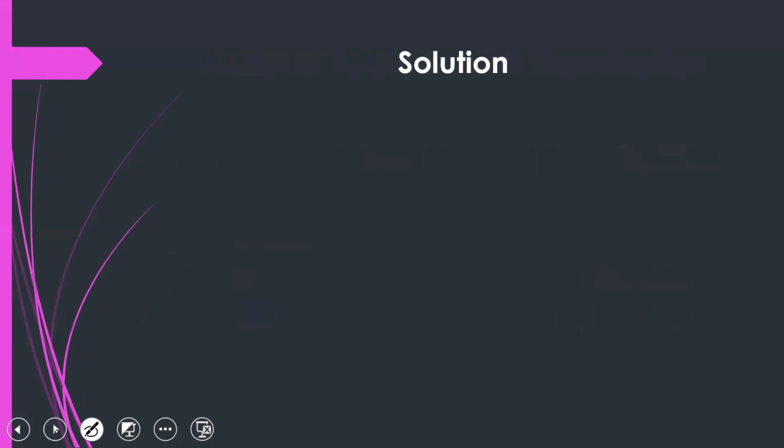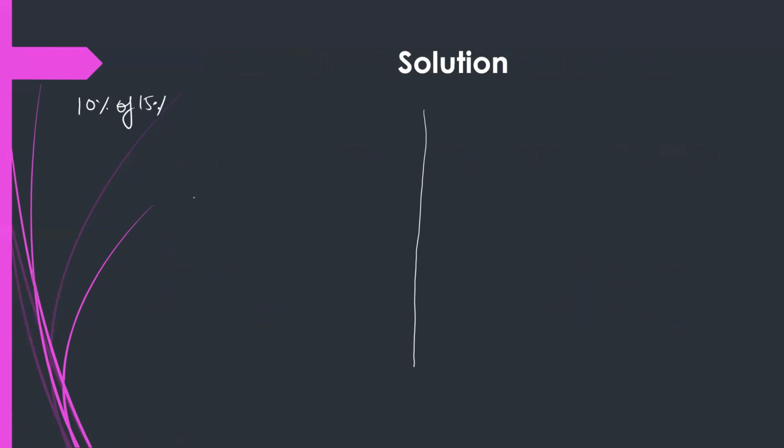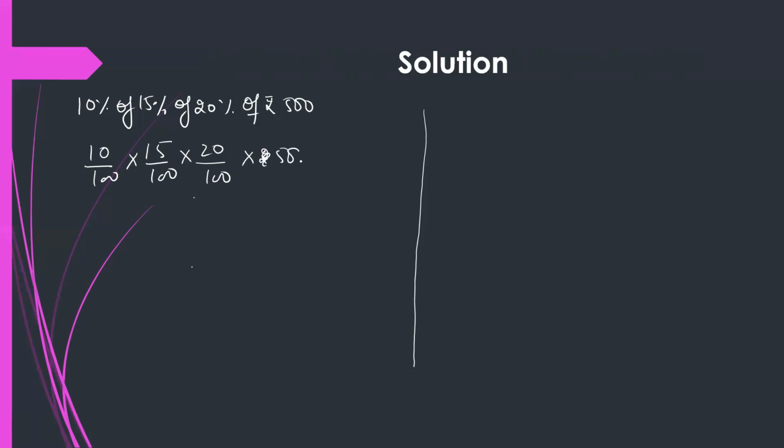Let's solve the question. Now we have two ways to solve this question. Let's solve the problem in both the ways. First, as per the question, we are given 10% of 15% of 20% of rupees 500, which can further be written as 10 over 100 multiply by 15 over 100 multiply by 20 over 100 multiply by 500.